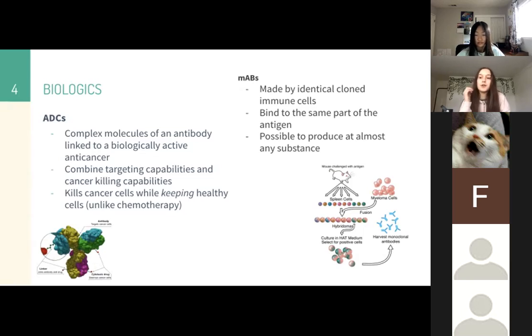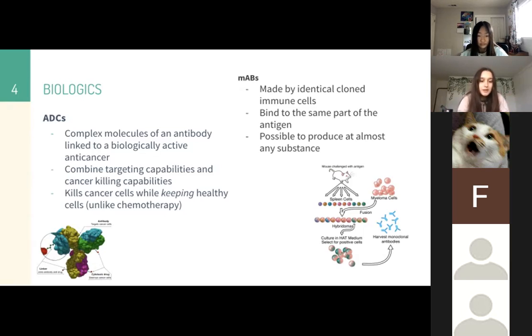If you know what chemotherapy is, chemotherapy in summary kills all the cells, including the cancer cells, but ADCs kill the cancer cells while keeping other cells healthy, which is unlike chemotherapy.